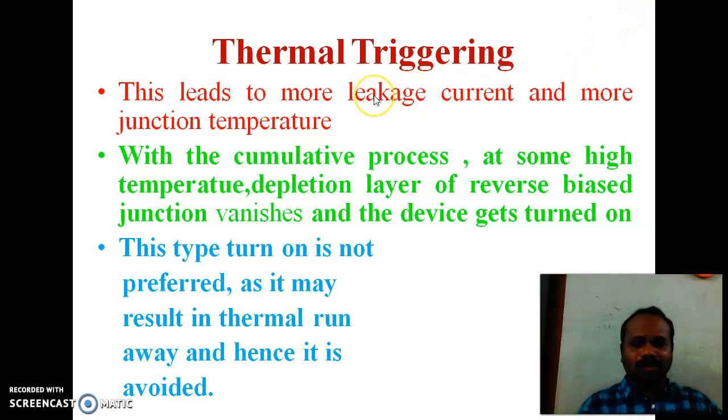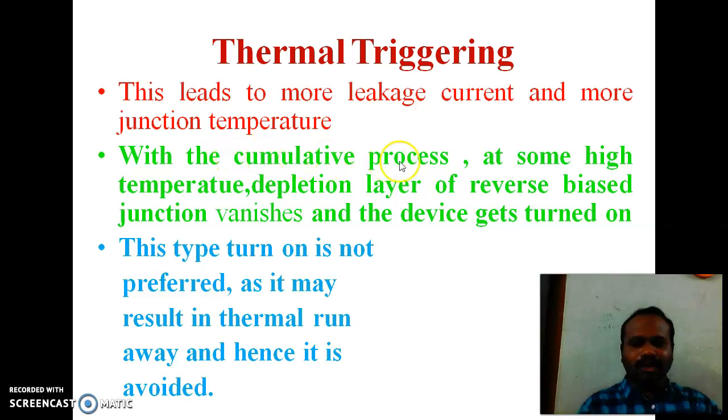So, these two processes, the increase in leakage current and the increase in junction temperature, are cumulative. Cumulative means if leakage current increases, junction temperature increases, and if the junction temperature increases, then leakage current increases. These two processes go on cumulatively, one after another.